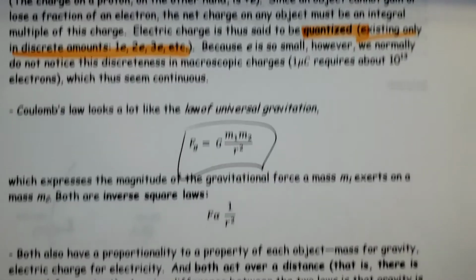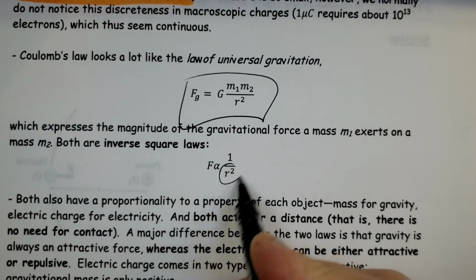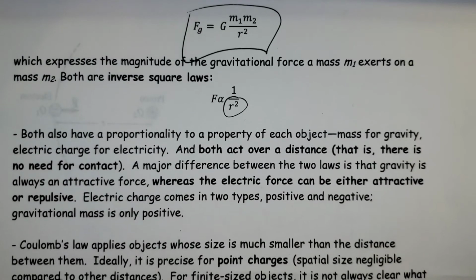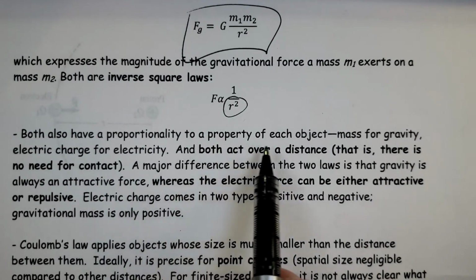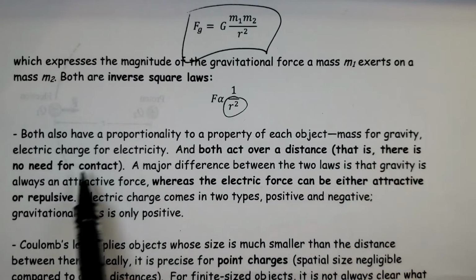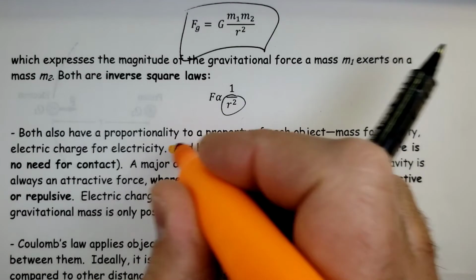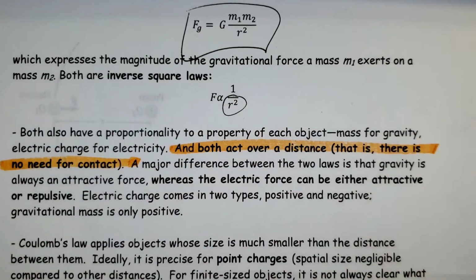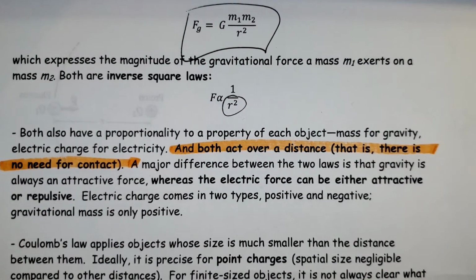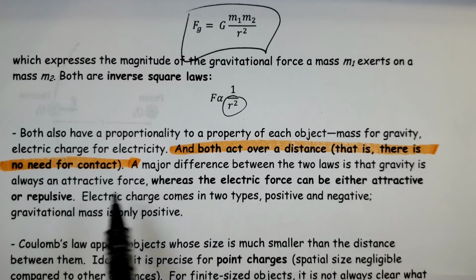Coulomb's law looks a lot, of course, like the law of gravity. We talked about that. They both have the inverse squared law. Both have a proportionality to a property of each object, mass for gravity, electric charge for electricity, and they both act over a distance, i.e. they don't need to be touching. The major difference between the two laws is that gravity is always attractive.